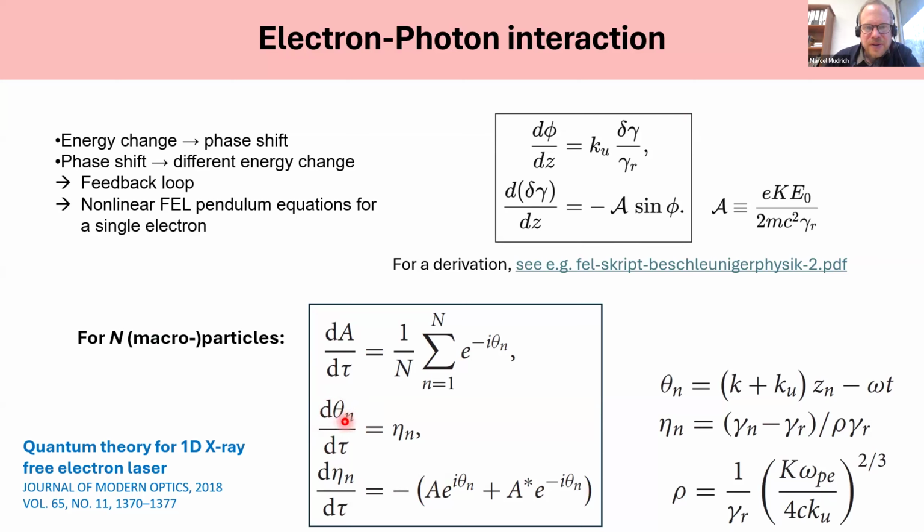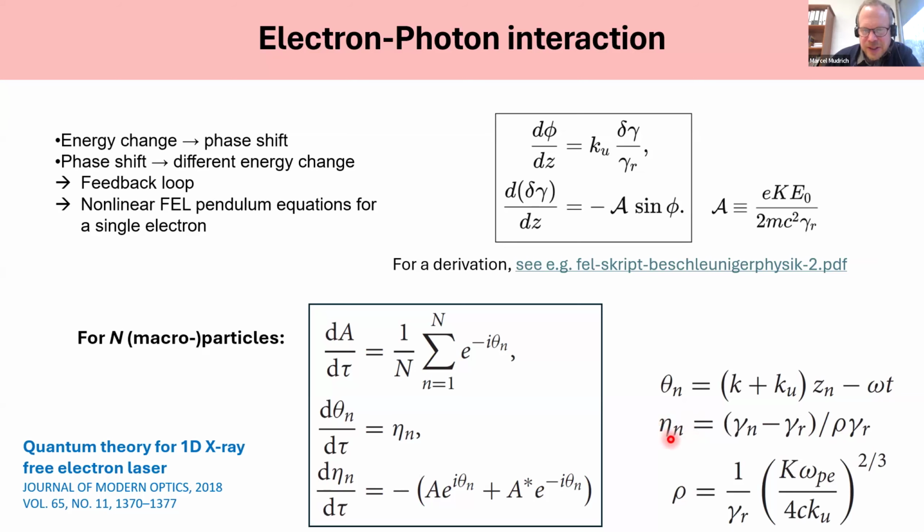derivative of a phase that relates to eta, and eta is, you can see here the definition of eta. It's the deviation of the energy. Gamma is the relativistic Lorentz factor, which is proportional to energy, and its deviation from the resonance value, in relative terms and normalized to the FEL parameter.